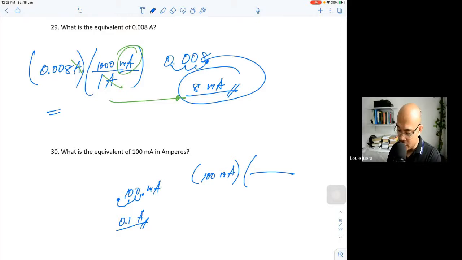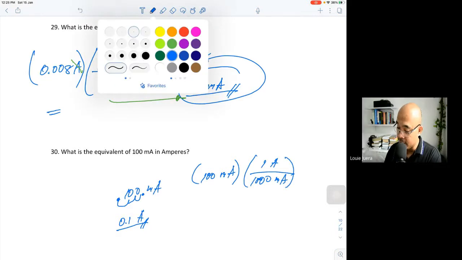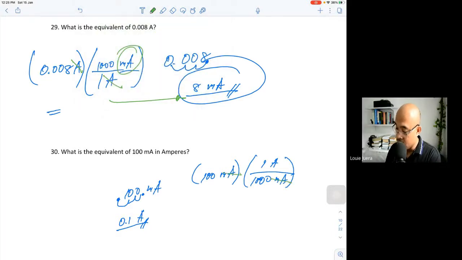So 1 ampere is equal to 1,000 milliampere. The milliampere will be canceled out, so we will only have the ampere here. Basically, you're just going to divide 100 by 1,000. So you will come up with the same result, 0.1 ampere.